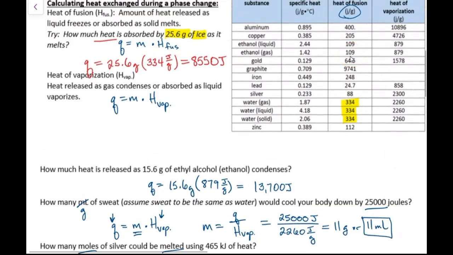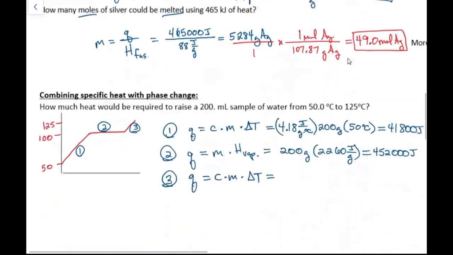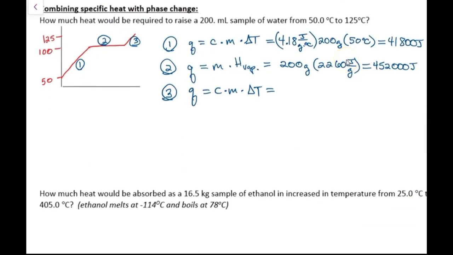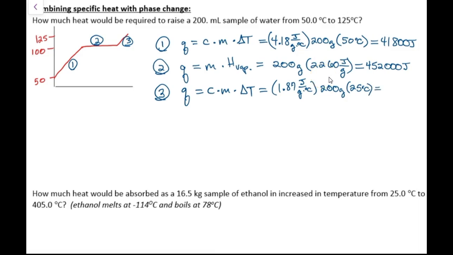You can see water as a gas is 1.87 joules over grams times degrees Celsius. Mass is 200 grams, and our temperature change is 25 degrees Celsius. If we multiply those out, we get 9,350 joules.